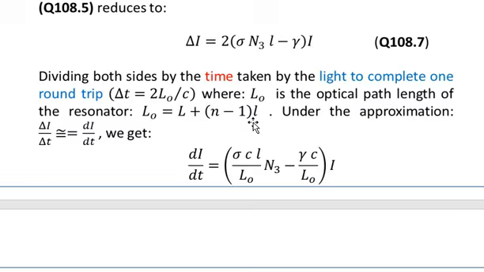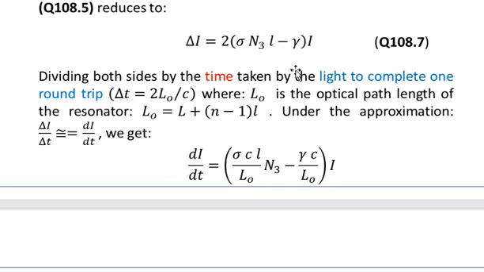Introducing this under the approximation, we divide both sides by delta t, so we have delta I divided by delta t. Since delta t is very small for one round trip, we can approximate it as dI over dt. We can now write equation number 7 as dI over dt, the rate of change of intensity with time, equal to the same quantities divided by delta t, introducing 2L naught over C in the denominator.